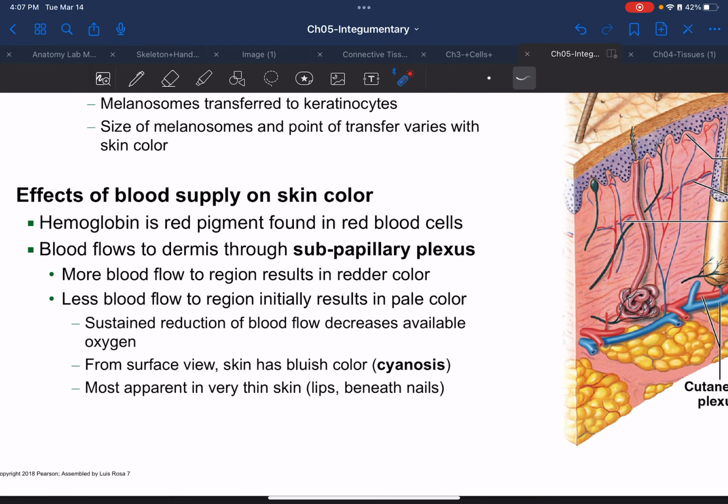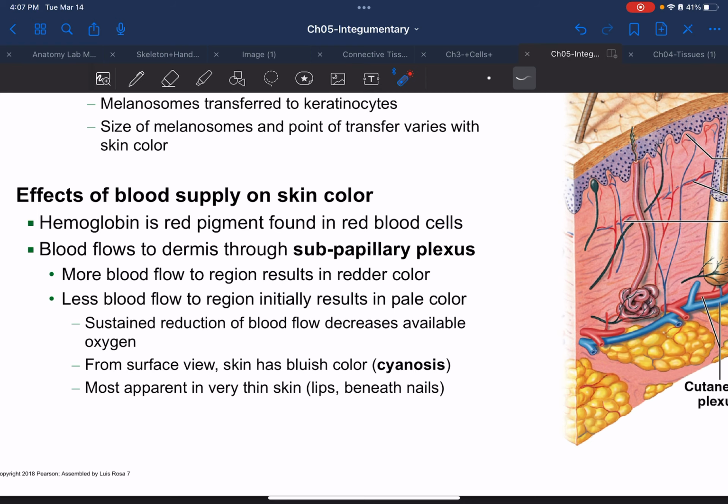And a lot of times when it's really cold and someone's really pale, it's typically because, when you're somewhere that's very cold, your blood will leave your extremities, where you don't need as much blood supply, as opposed to where you do need a blood supply, which is your organ system. So when it's very cold out, your blood likes to pool into your center trunk, and that's why your hands get all cold and pale.